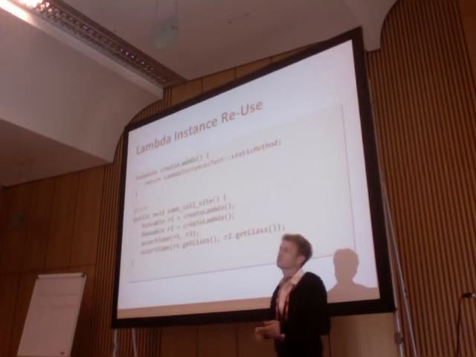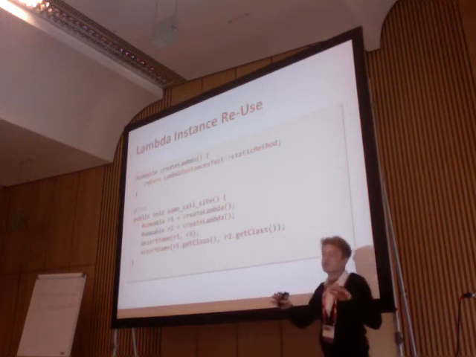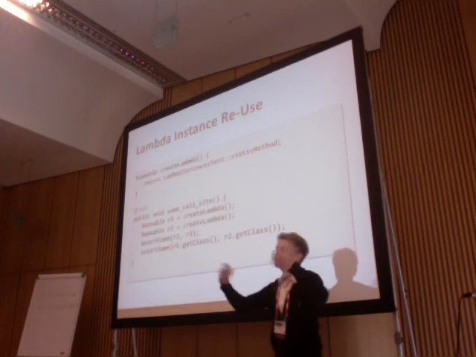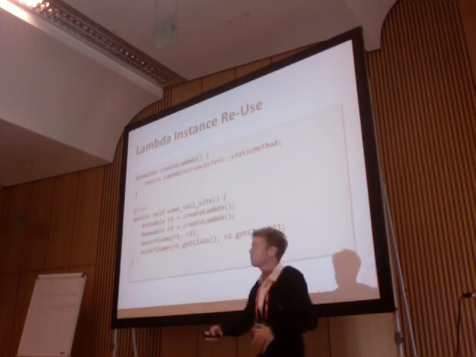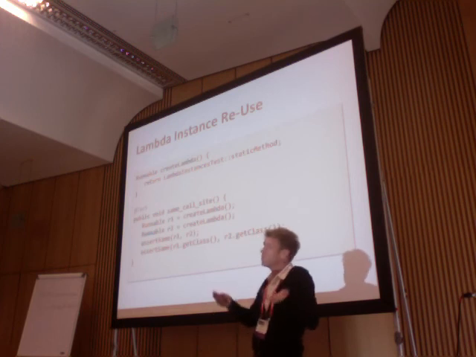Because in this case, the Lambda meta factory simply creates a so-called constant method handle, which basically returns the same value all the time. So we don't need a bootstrap factory method at all because it's always the same instance.